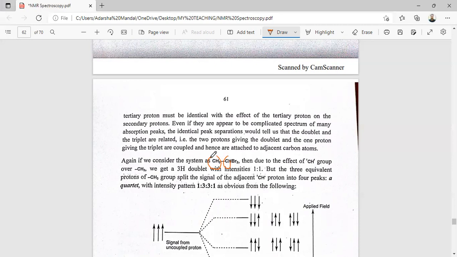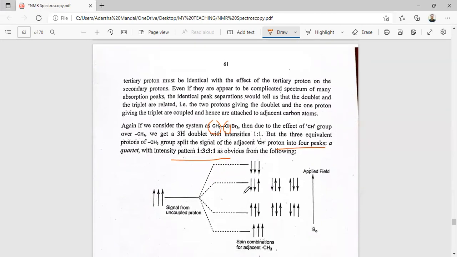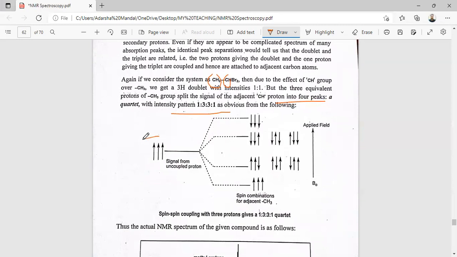But these three equivalent protons will split the signal of the adjacent CH proton into four peaks with the ratio 1:3:3:1. These three protons have four types of alignment: all three upfield, two upfield and one downfield, two downfield and one upfield, and all downfield. So the peak intensity is 1:3:3:1, a quartet.